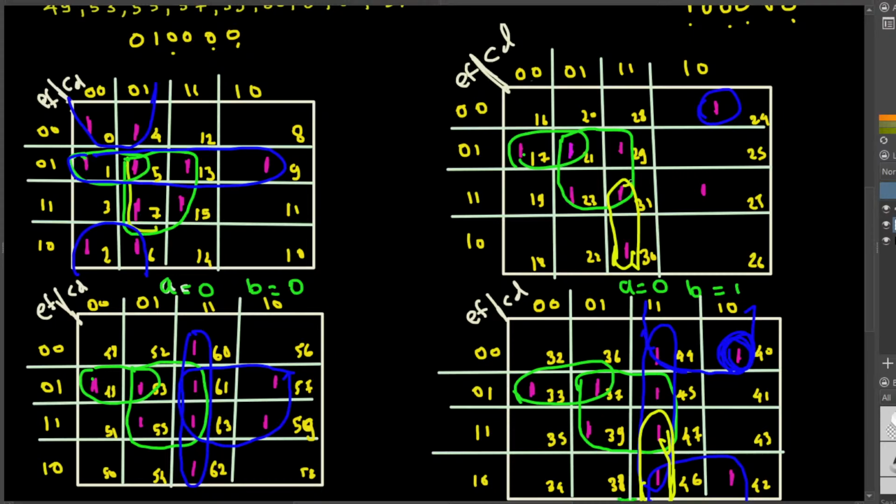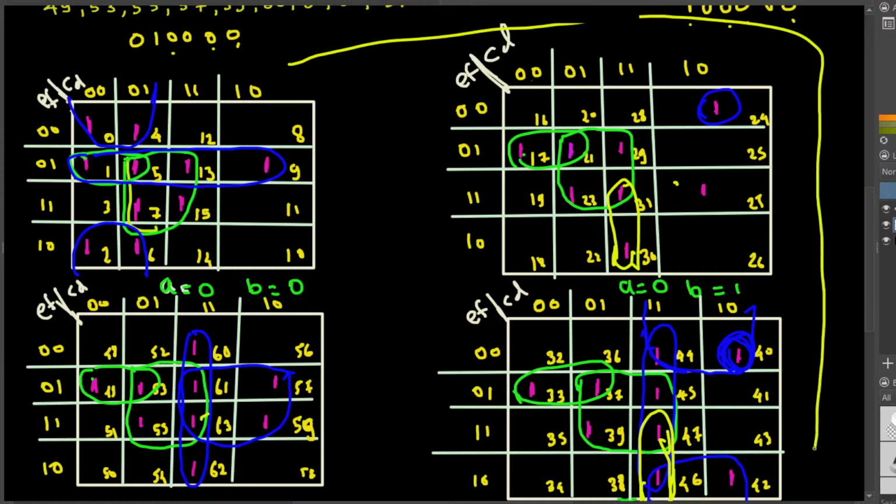Okay, you may ask, how about this? Can you combine this one and this one? No, because you have to go this way, right? If you see anything adjacent to this and this, combine.